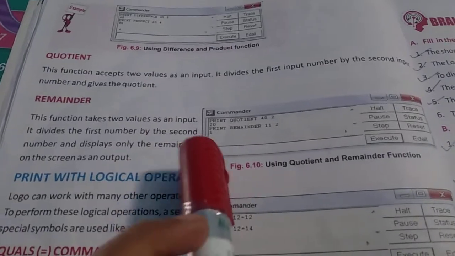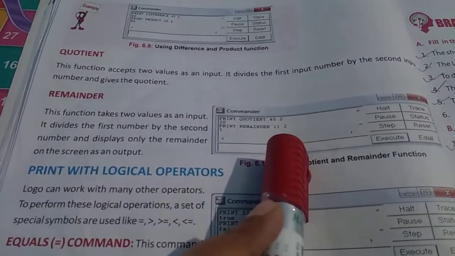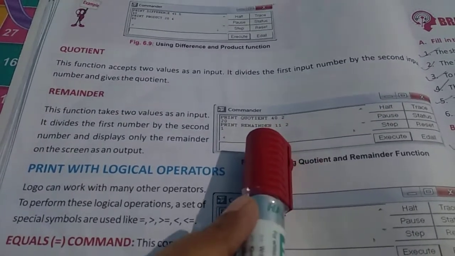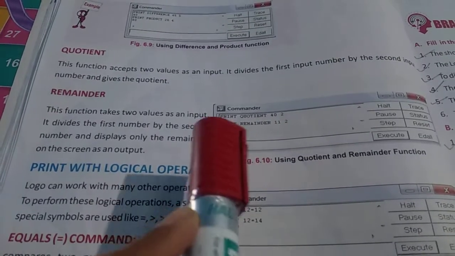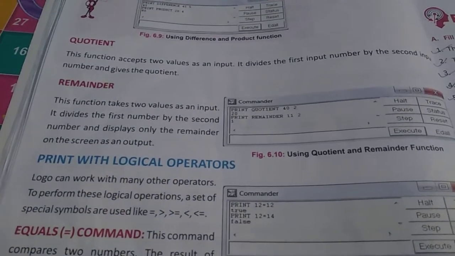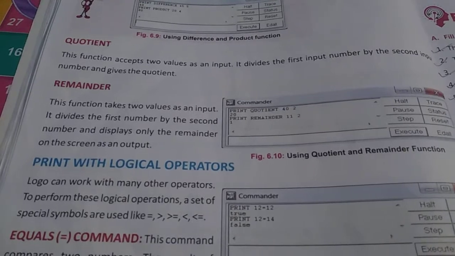Similarly, print remainder 11 and 2: the computer will divide 11 by 2 and give you the remainder 1. Here it will not print any quotient, divisor, or dividend, only the remainder. It is very easy.